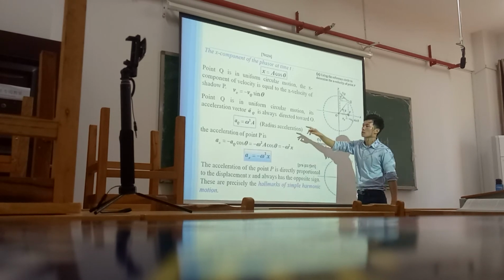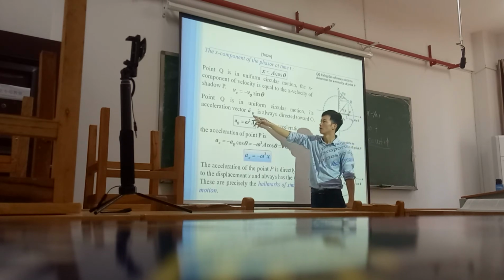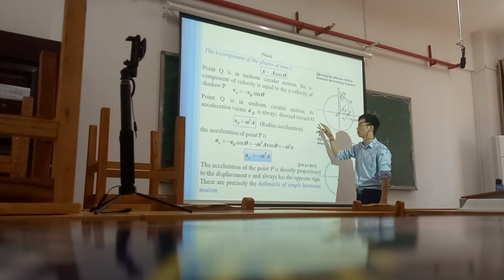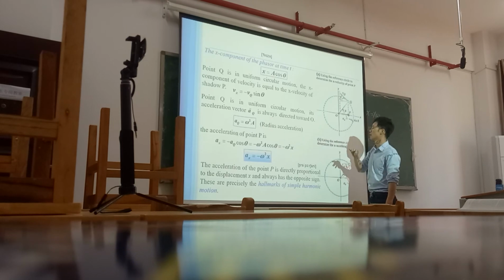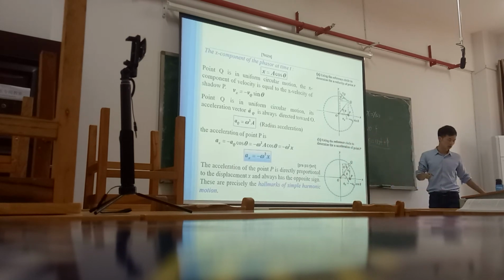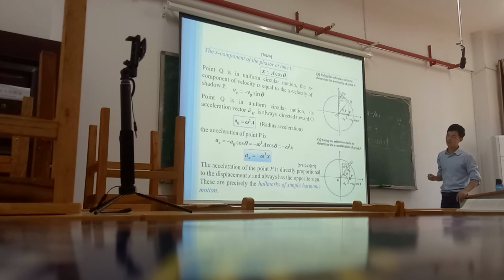Because the point Q is in uniform circular motion, its acceleration vector aQ is always directed toward the origin. In circular motion, the radius is R, and the angular speed is omega.